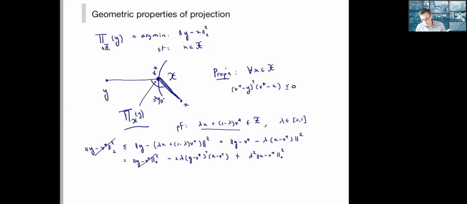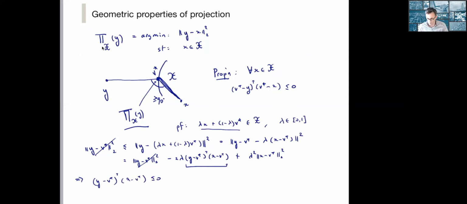Since this has to hold for all lambda greater than or equal to 0, this implies that this term here is less than or equal to 0: y minus v star transpose x minus v star is less than or equal to 0.